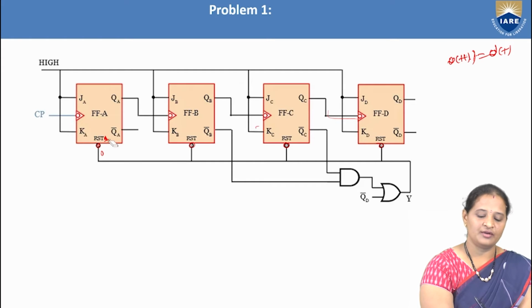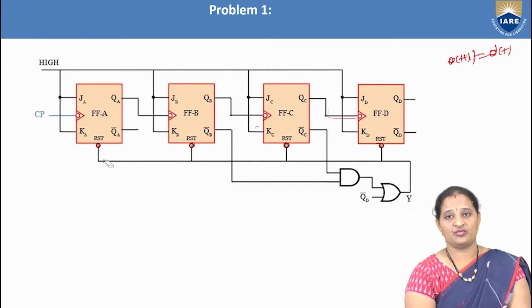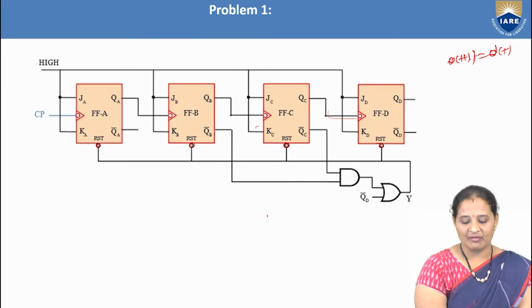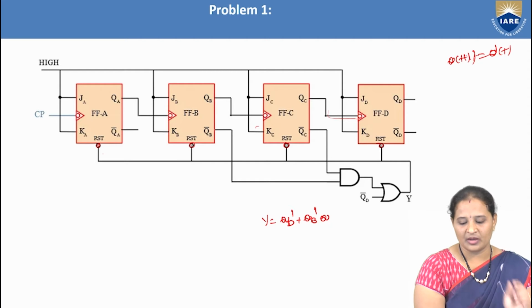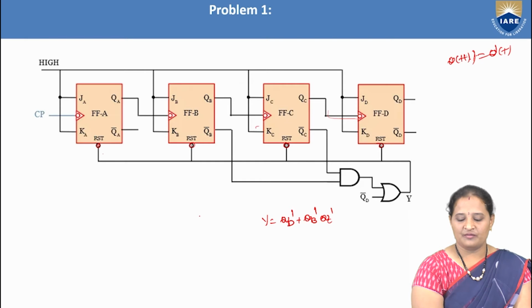So here, as we already derived the equation for reset, what is that? Y is equal to QD complement plus QB complement into QC complement. So first of all, I'm taking an OR gate, to which one of the inputs is QD complement.